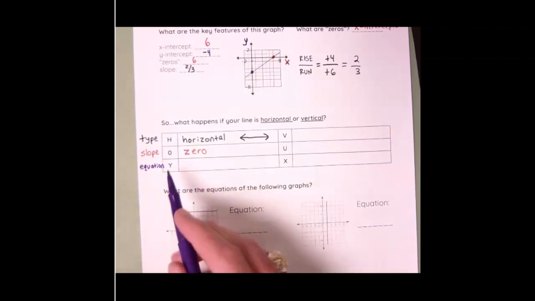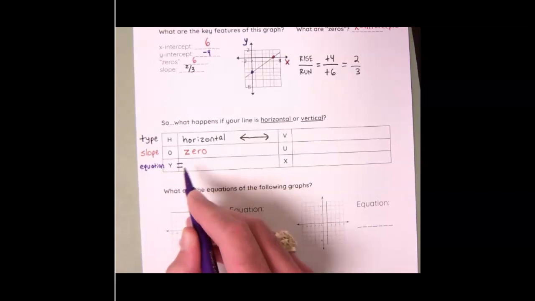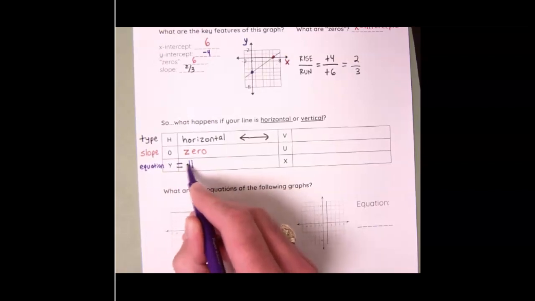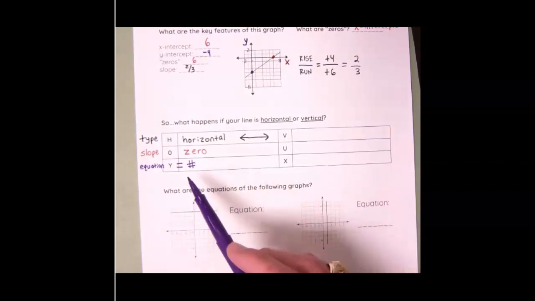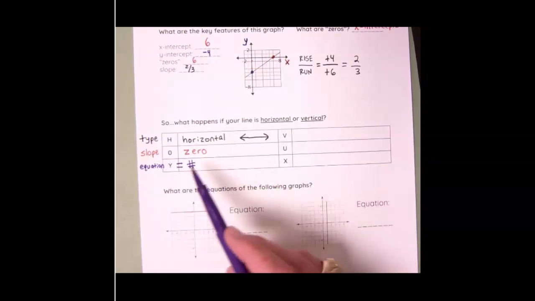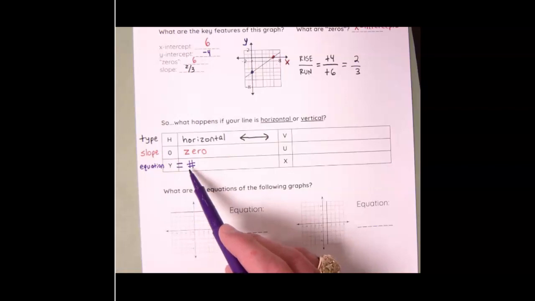As for our equation, it's going to be y equals a number. Instead of writing y equals mx plus b, it is simply going to be y equals whatever our number is for that horizontal line.